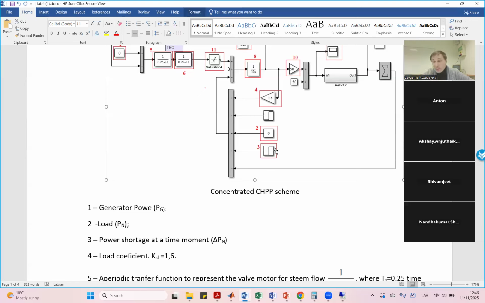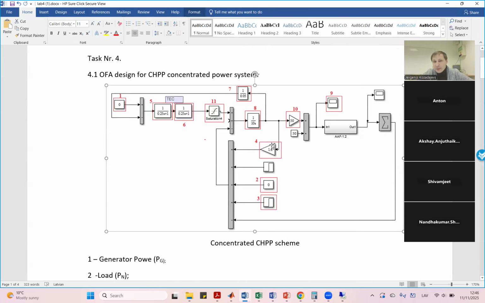So why? Because we don't have the block that represents the limit of power for a power generator. This is for the first lab, for the very beginning. Now we have more knowledge and we could fulfill this scheme and make it more correct. So to be more correct, we need to put in this saturation, in other words a limiter, that limits the power for this HPP. That's why it has the upper limit and the lower limit, yeah?